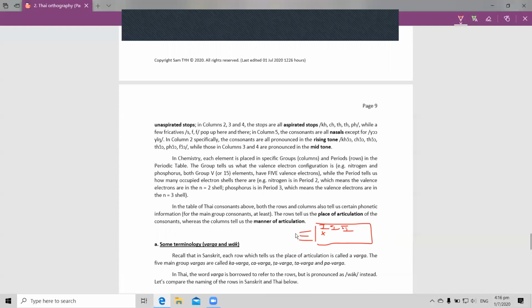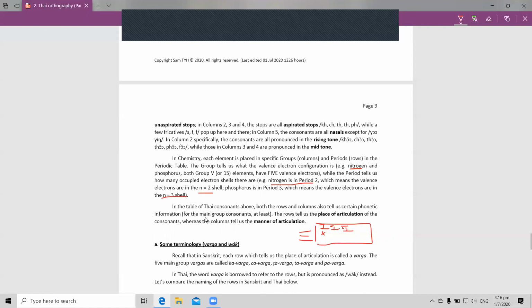The groups are the columns, the periods are the rows. The row tells us how many electron shells are occupied. For example, nitrogen is in period 2, which means that its valence electrons are in the n equals 2 shell, but the valence electrons in period 3 are in the n equals 3 shell.